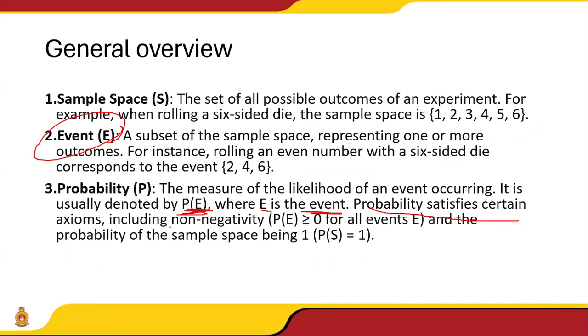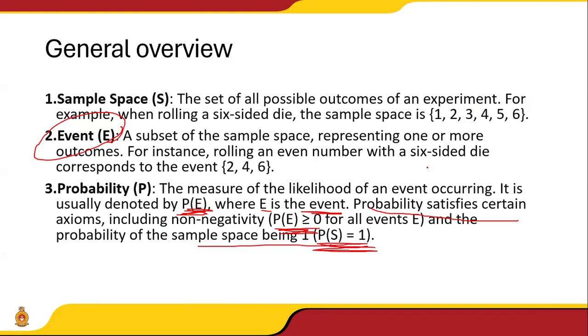including non-negatives, because there's no possibility to have a negative value. It should be a positive value, definitely, because any occurrence means there's an action, so there should be something. And the probability of the sample space is 1, that's the maximum. So if we add it all together, the probability is 1.